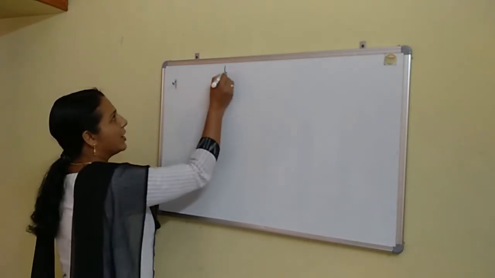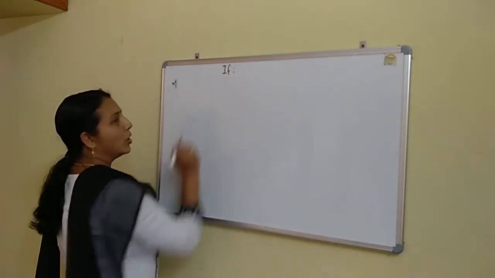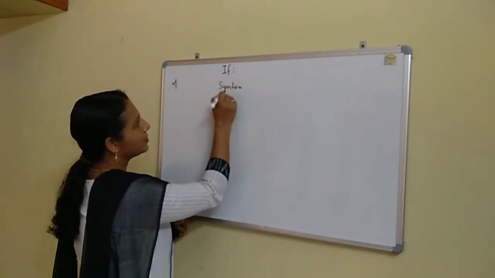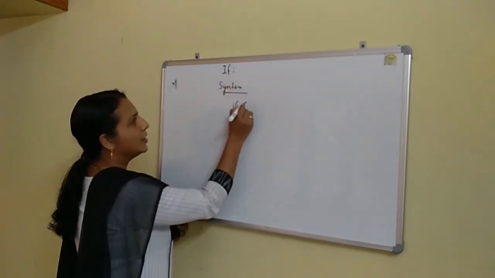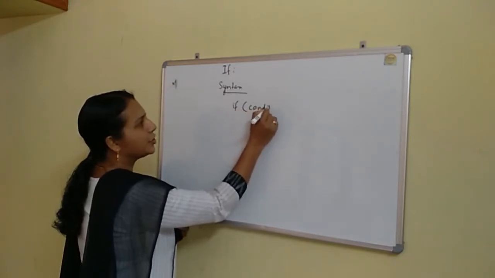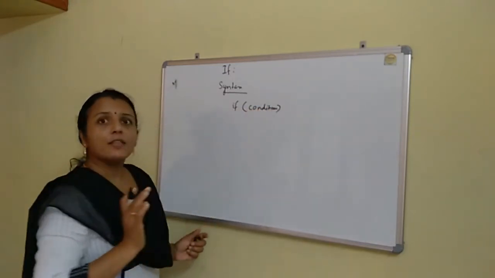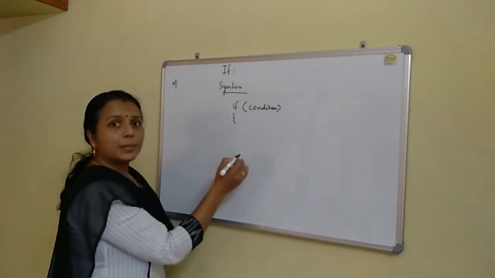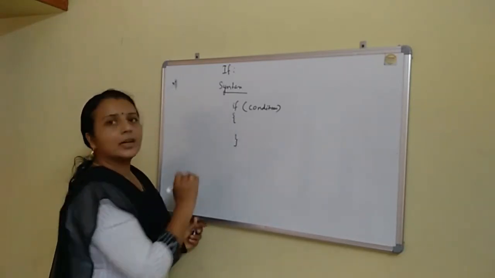So suppose we have an if block with us. The syntax for the if block is: there should be a condition, and when this condition is true, it is going to execute the statements which are present within the curly brackets.